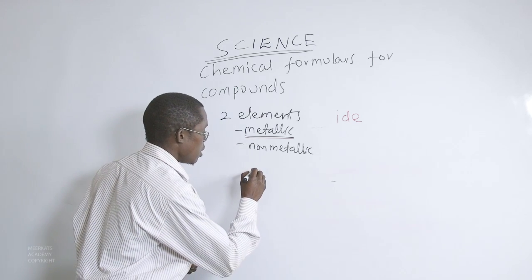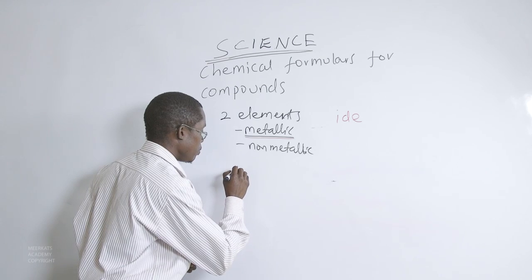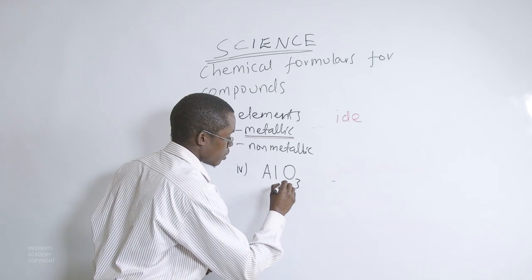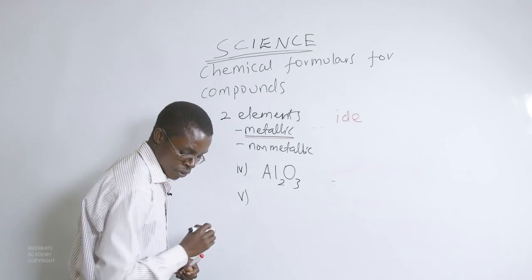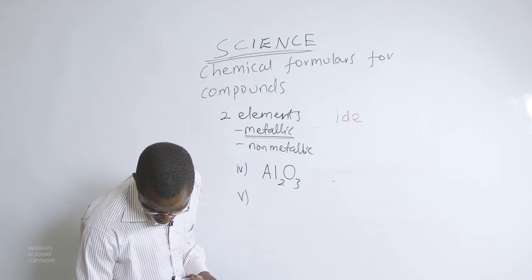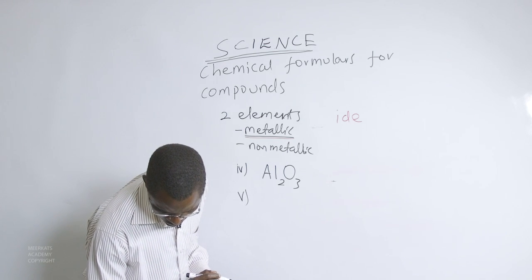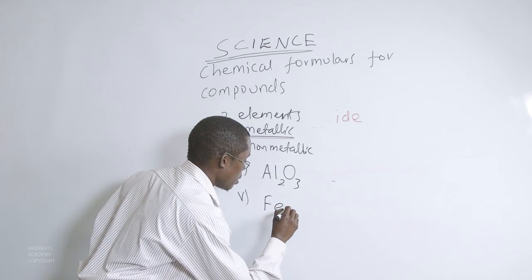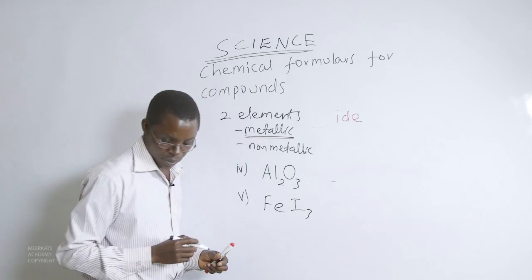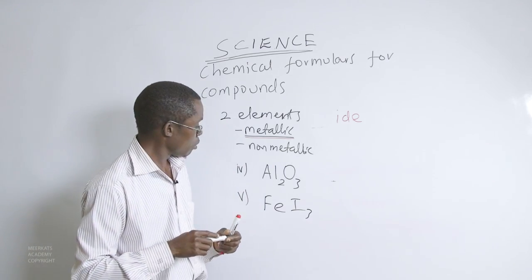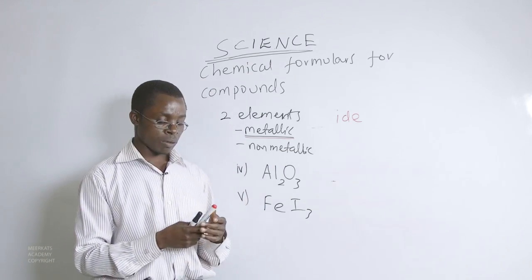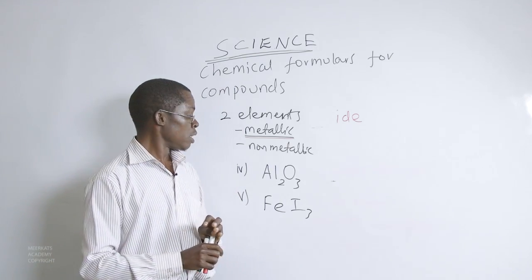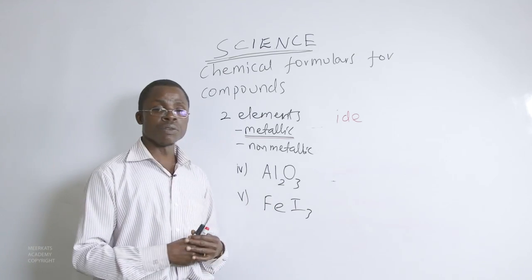Let's have this, that is number 4, then number 5. So I'm looking for those that look a bit more unique so that we can look at them more keenly and feel happy that we have generated the formulas so easily. So let's look at number 4 and number 5.